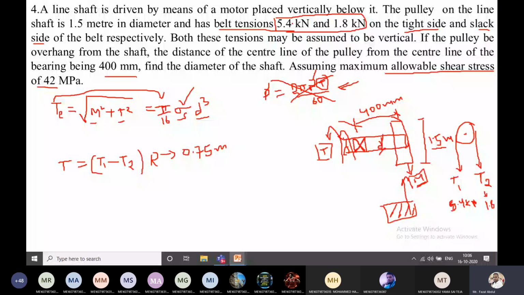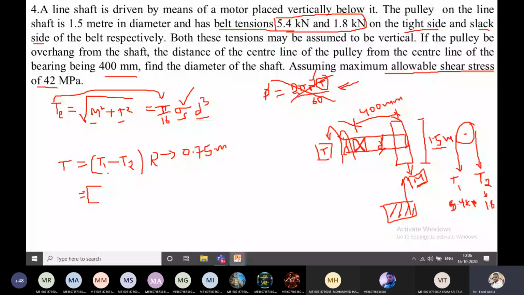Don't substitute the value 5.4 as it is. 5.4 into 10 cube means 5400. 1.8 means kilonewtons, I am converting into Newtons, so 1800.